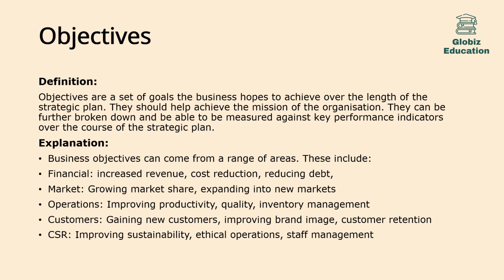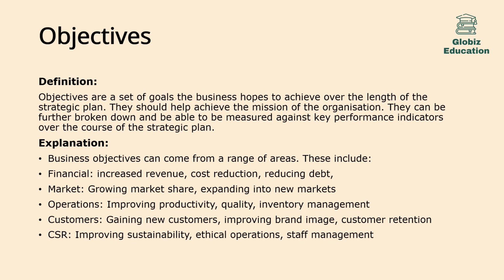Objectives are the goals which the business hopes to achieve over the period of the plan. Once the plan is implemented, those objectives can be broken down and measured through KPIs, or key performance indicators, and evaluated against actual performance, and potentially changed depending on the operating environment and how the business is going.